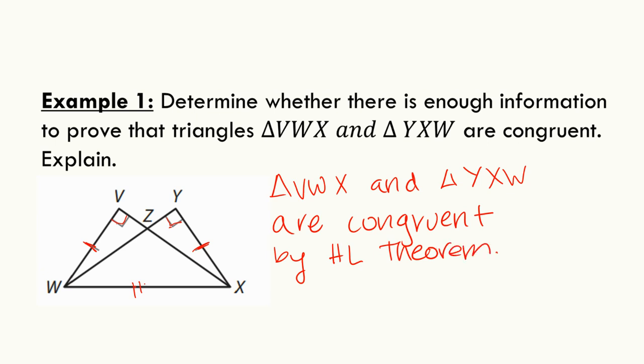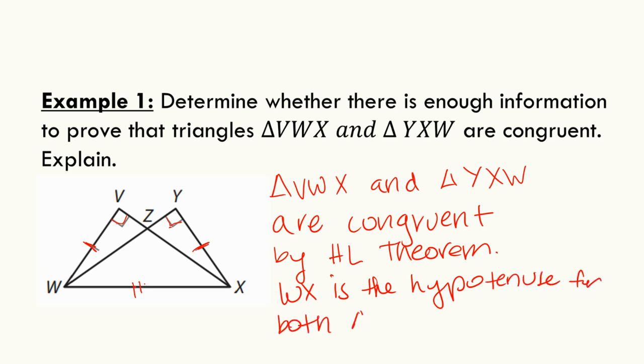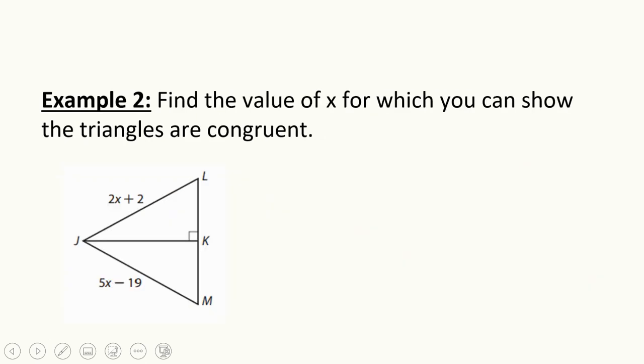And they share the same hypotenuse: WX is the hypotenuse for both triangles. Okay? You don't have to be too fancy when you're going through these, you guys. Just as long as you can tell me which theorem or postulate, that'll be enough for you to get it correct.